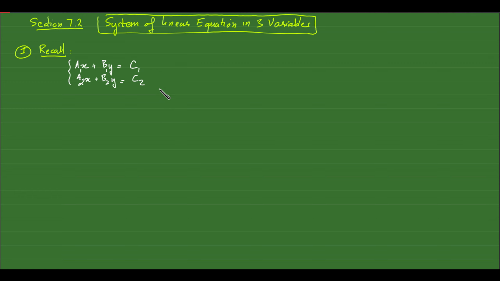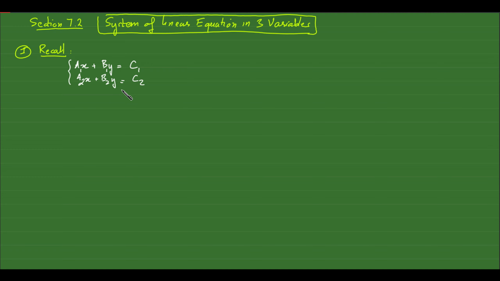If we have a consistent system, then we have the solution. If we have an inconsistent system, then we don't have a solution. So that is the concept we learned in intermediate algebra. And in intermediate algebra, when we solve a system of linear equations in 2 variables, we also have 2 methods, right?